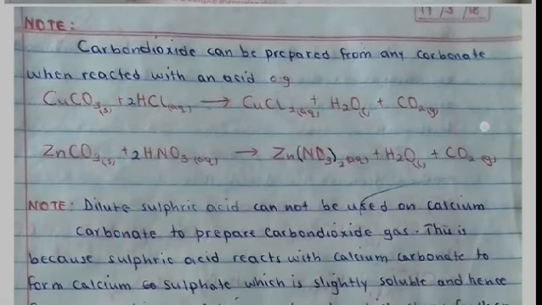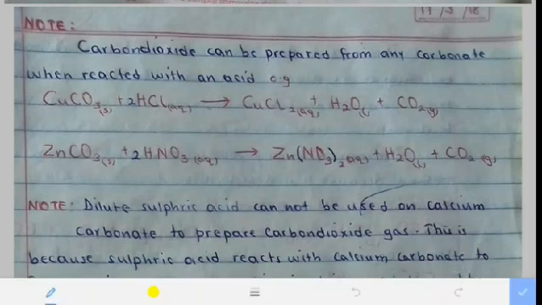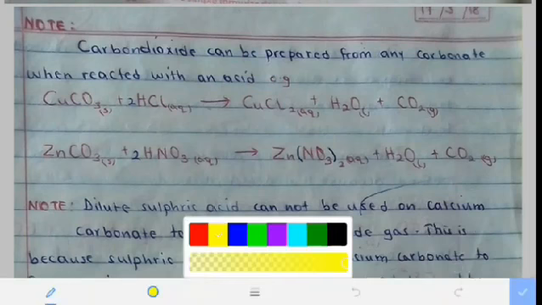Then there is a note that carbon dioxide can be prepared from any carbonate when reacted with an acid. If you get any carbonate and you react it with an acid, you form carbon dioxide gas, and that process is called the laboratory preparation of carbon dioxide gas. For example, here we have copper 2 carbonate reacting with hydrochloric acid to form copper 2 chloride, water and carbon dioxide gas.